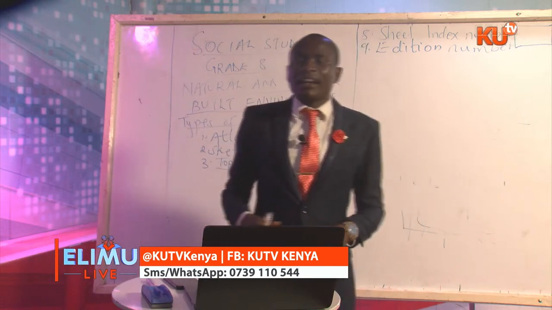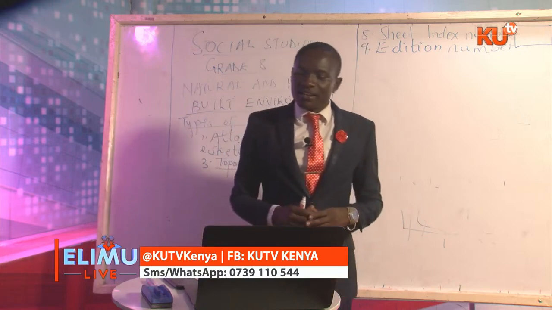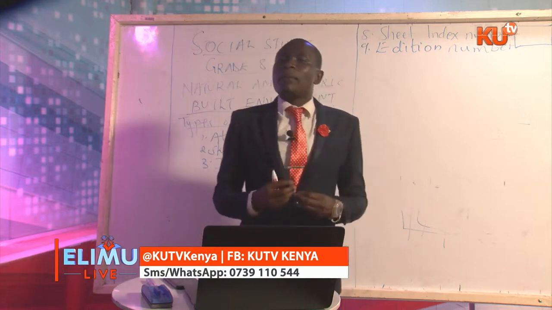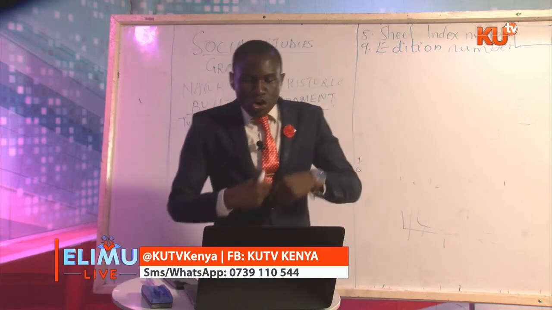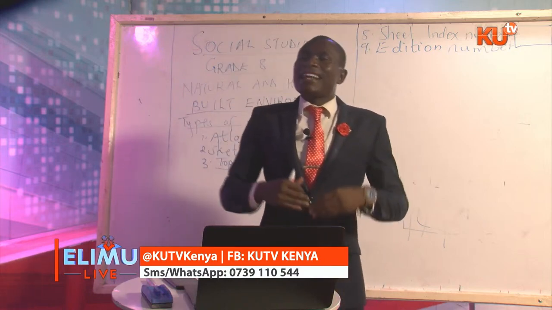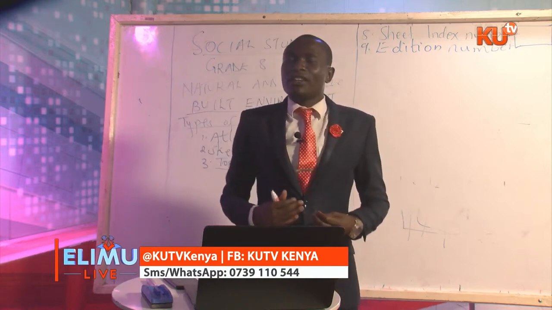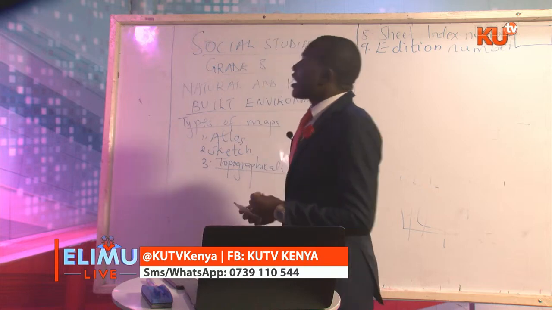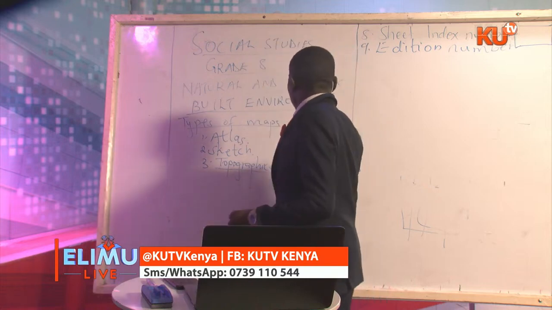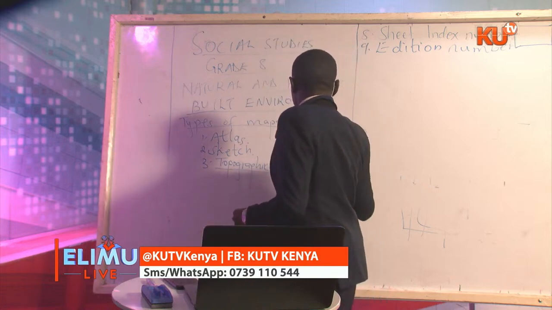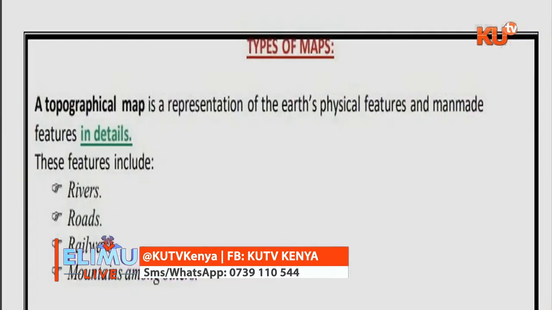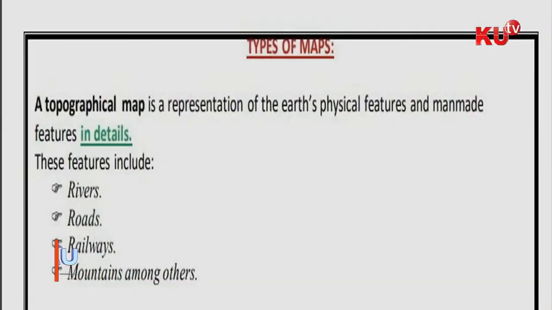Using the image of Taita Hills, these are maps that are drawn on scale and they give information. This information can be of natural features, physical features, and other information on the map.